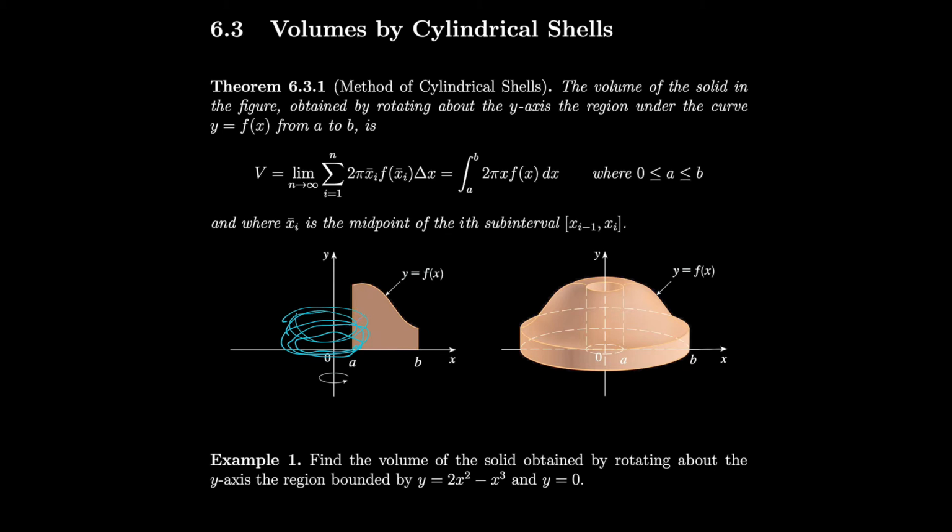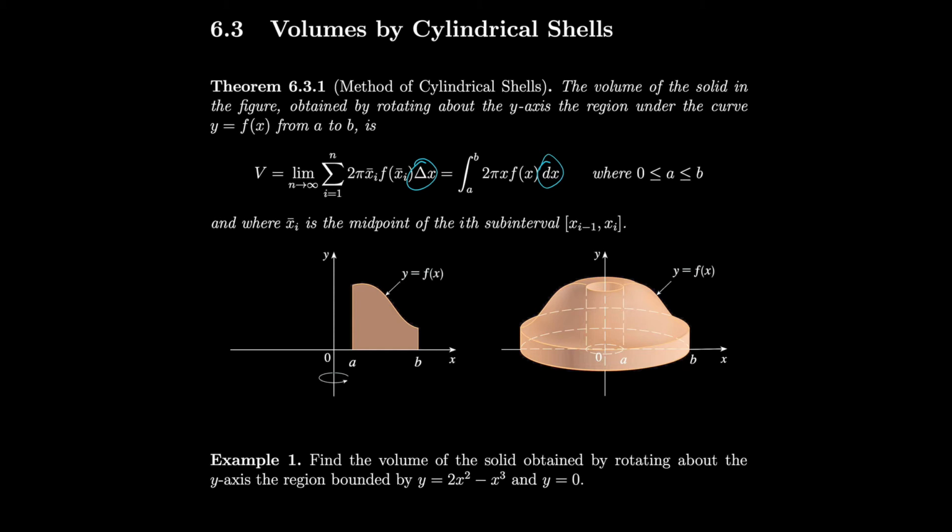However, with the cylindrical shell method, when we stack up all of these shells, we stack up from the inside going outward. So that means that we end up with a tiny thickness of the shell, delta x. So the shell method gives us a way of switching from delta x or dx to dy and vice versa.